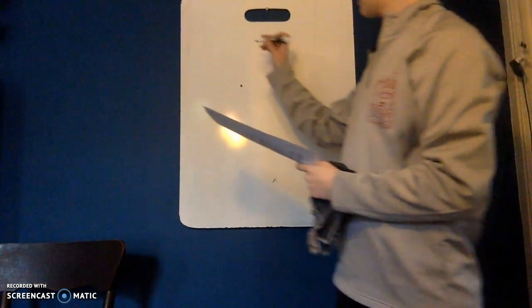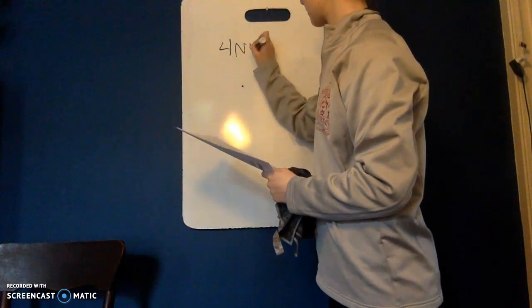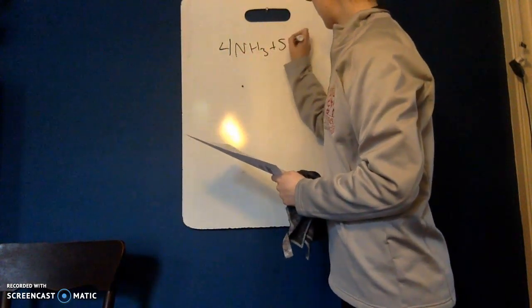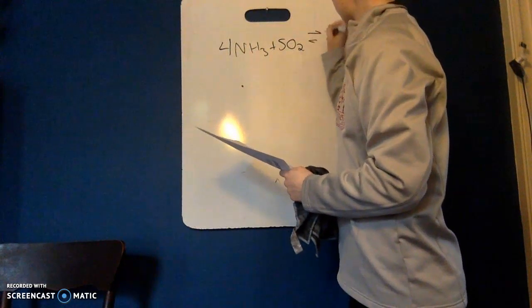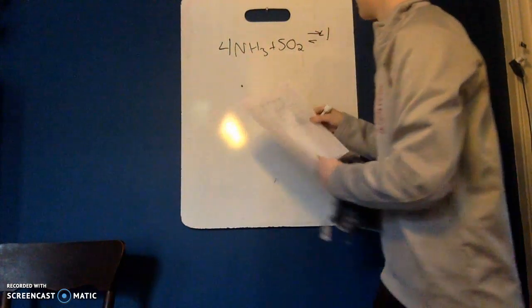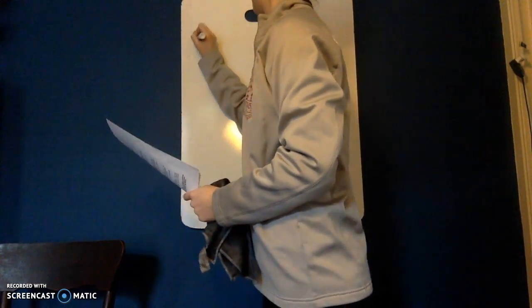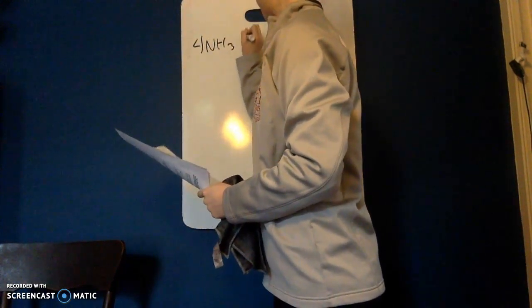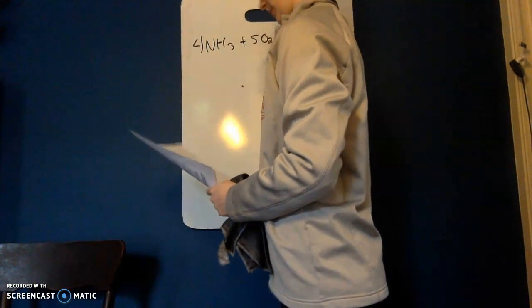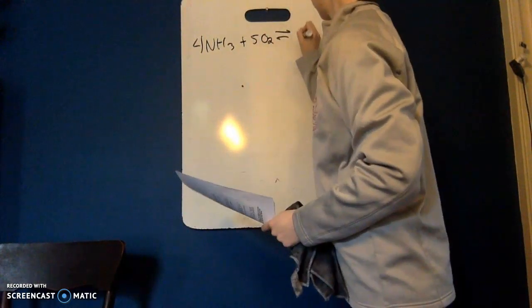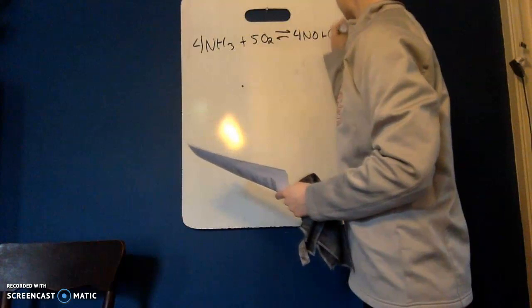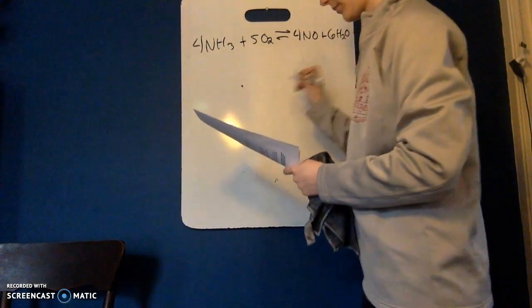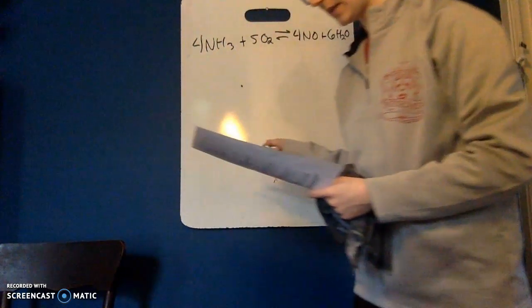For number 9, we have the equation 4NH3 plus 5O2 yielding 4NO plus 6H2O. I'm again setting up an ice table.